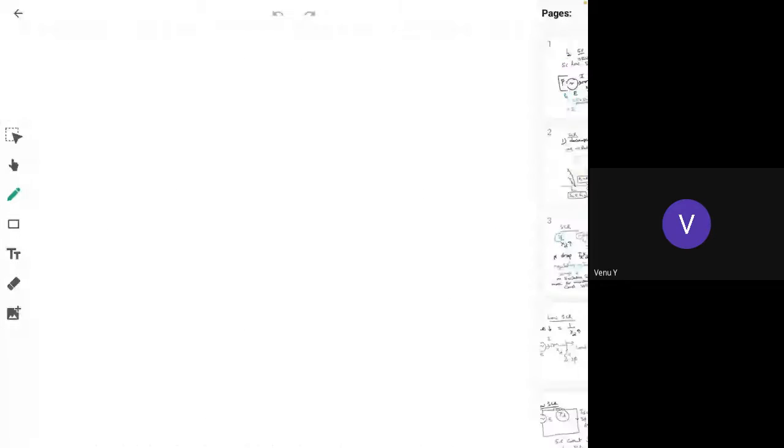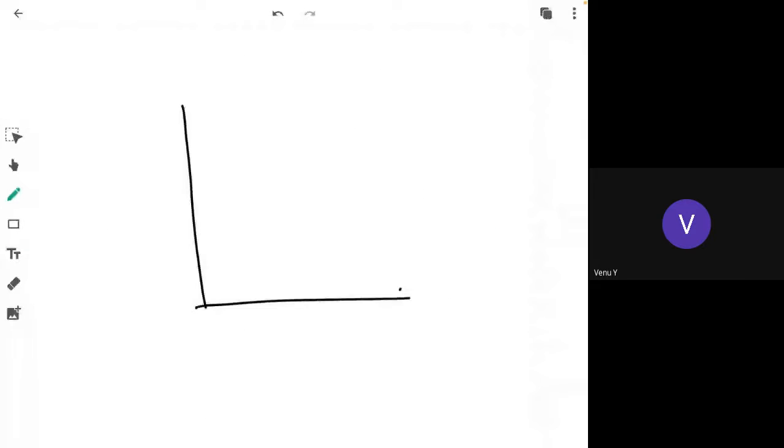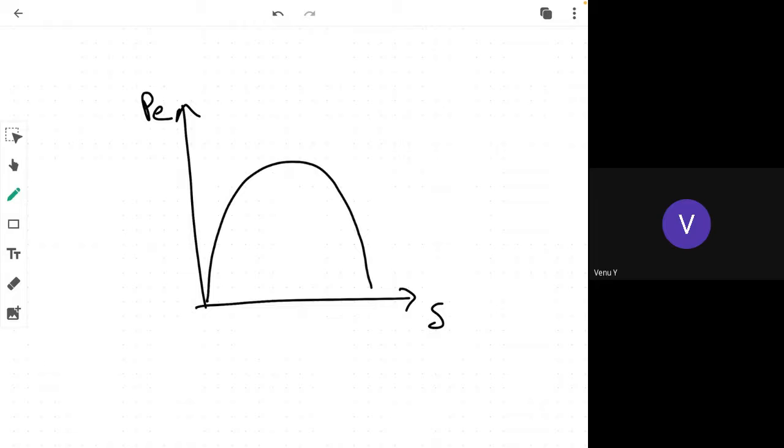So therefore, if you want to draw the power triangle, delta versus PE, you have this power triangle. This is the normal power triangle. Maximum value is EV by XD.